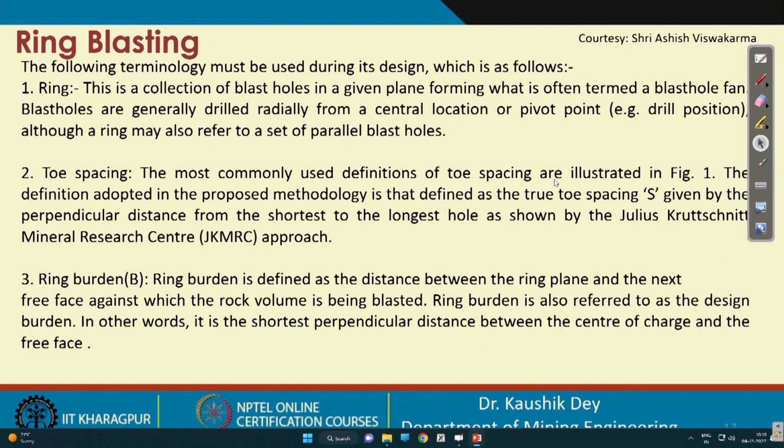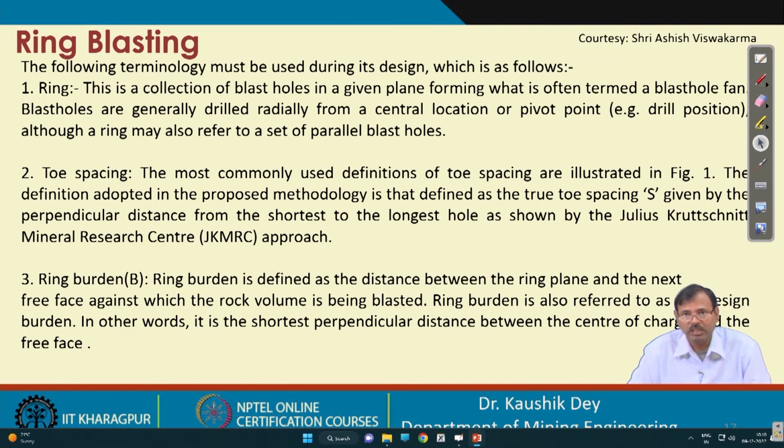So, these are some of the terminology one must know about the ring blasting. Ring is the collection of blast holes, which is basically drilled in a radial manner from a particular center position. Okay. That is radially made, or from a particular central opening, that is radially made.